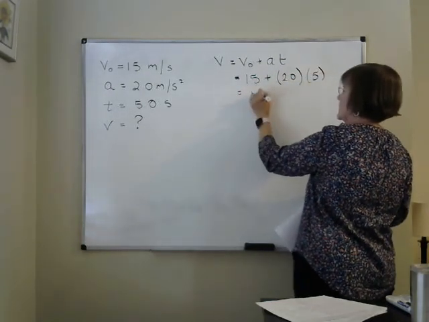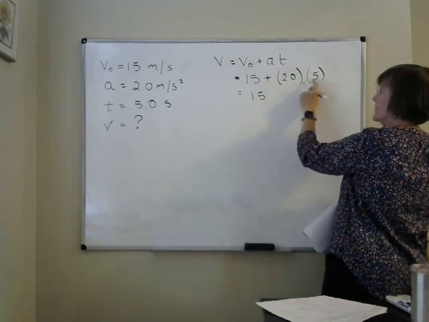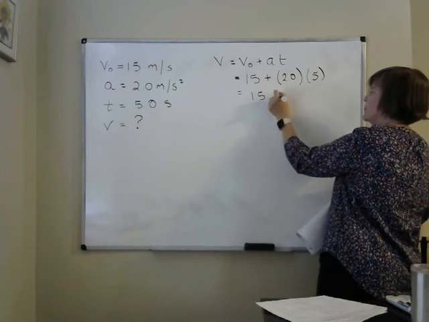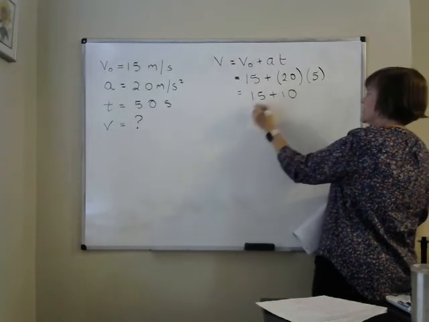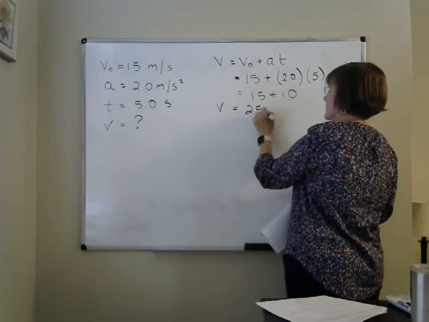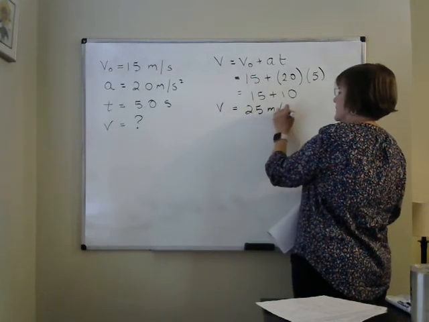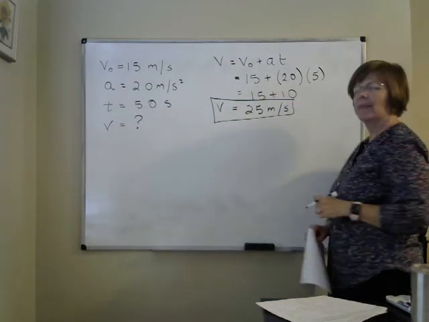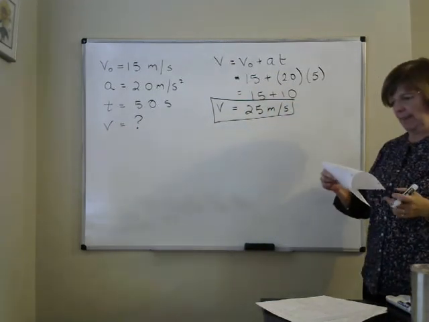That's going to be 15. If you accelerate at 2 meters per second squared for 5 seconds, you will gain 10 meters per second. That seemed almost too easy.